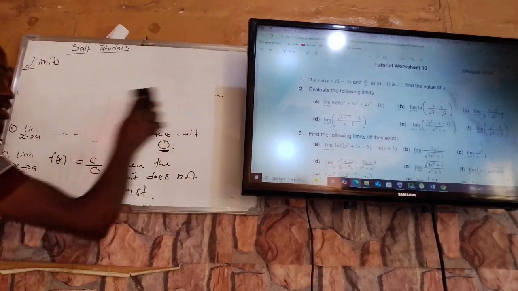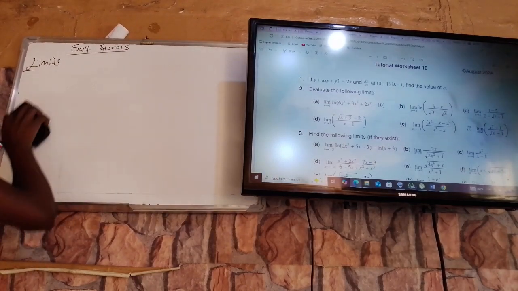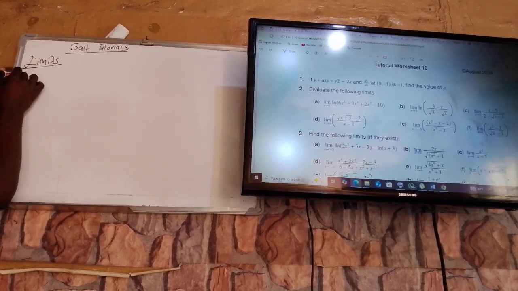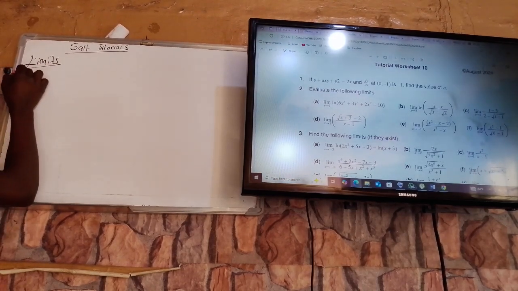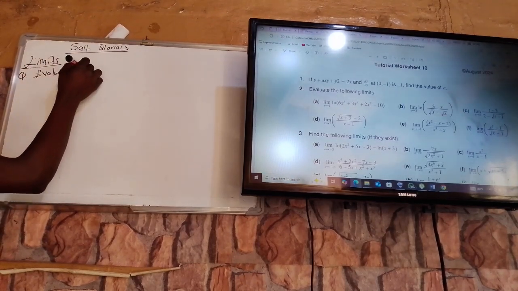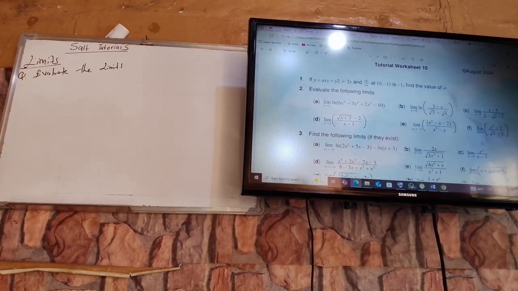We are going to find the limit of the following, or we can say evaluate the limits of the following.